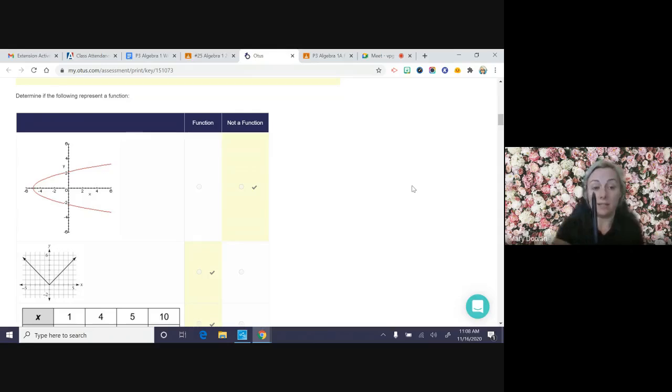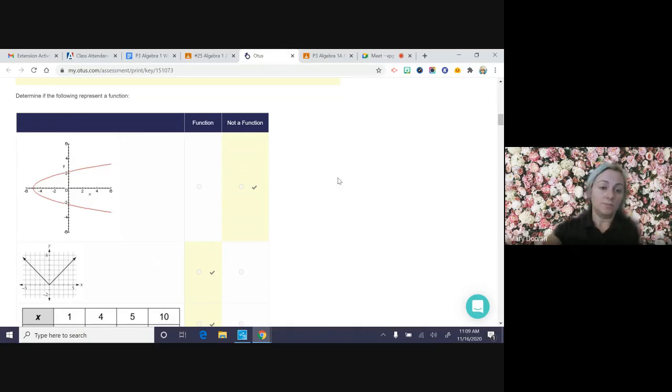If it does, then it fails the vertical line test and it is not a function. So this first image, this red one on its side, fails basically everywhere. Okay, it's always touching the line in 2 spots as you vertically slide your pencil across, except for maybe right at the point where it's at. Looks like that might be -5. That's the only time where it's only having one x value. So this fails, it is not a function.